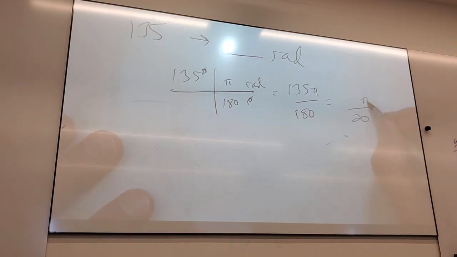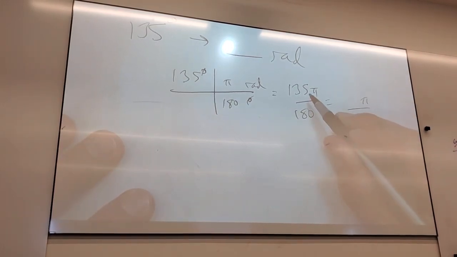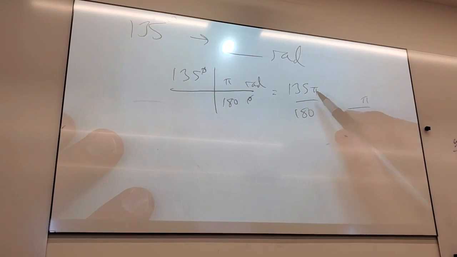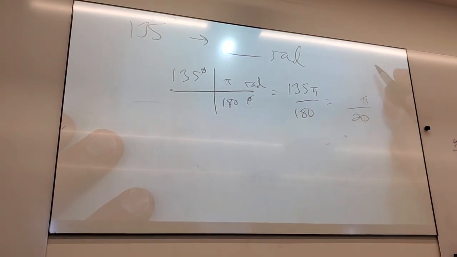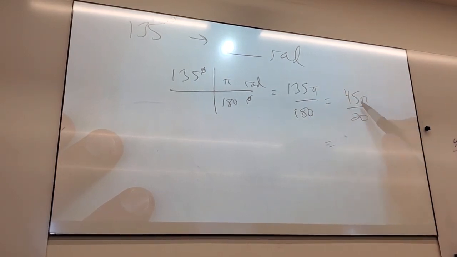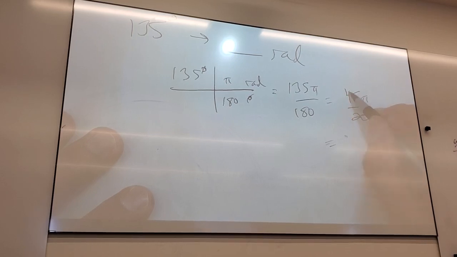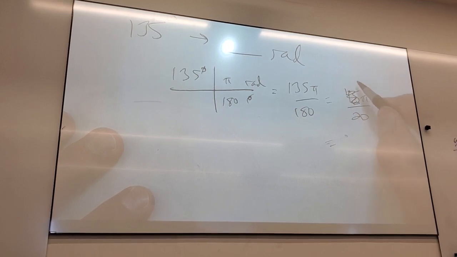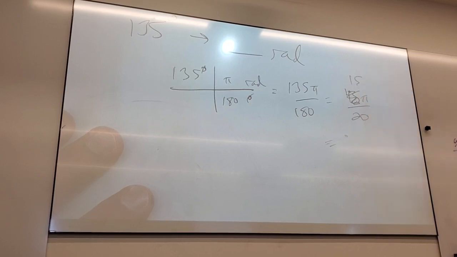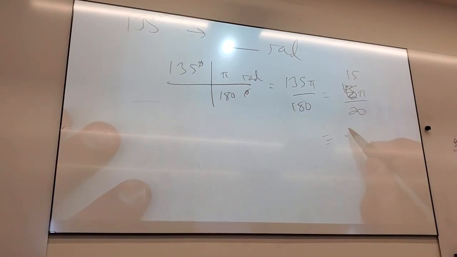What do you get on the top when you divide by 9? 9 goes into 135... oh, it's 15, right? Yeah. Divide both of these by 5, I get 3 pi over 4.